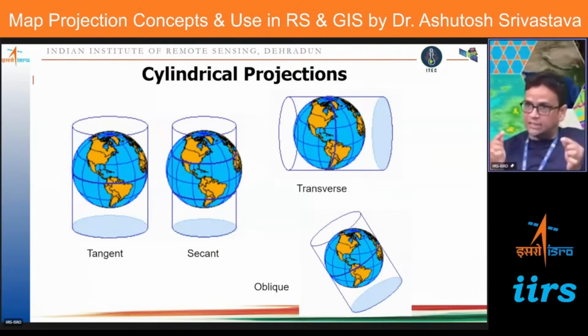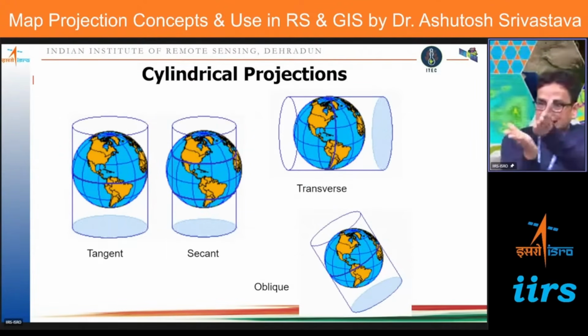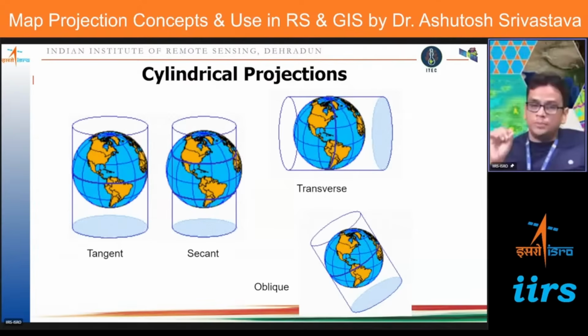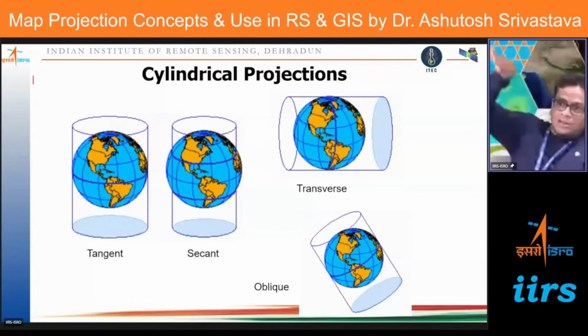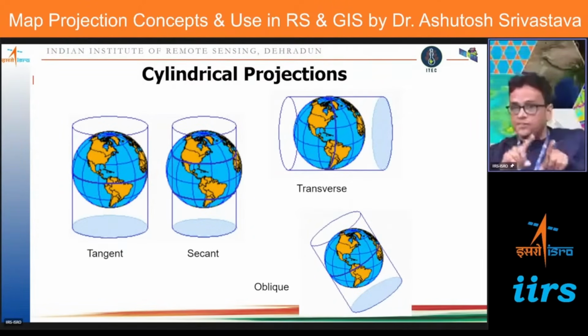Wherever it is touching, when you project, that line will come exactly onto the surface in the two-dimensional map. So there will not be any distortion along the line, but when we move away from this line, the distortion will increase. So this is basically the first case, the tangent case, where both radii are equal. It is just a touch.